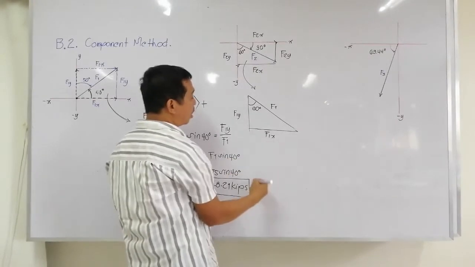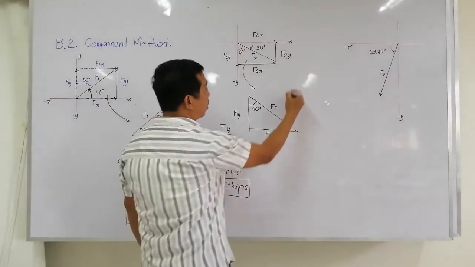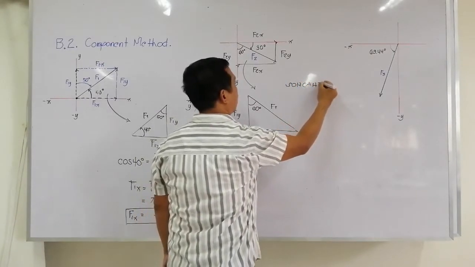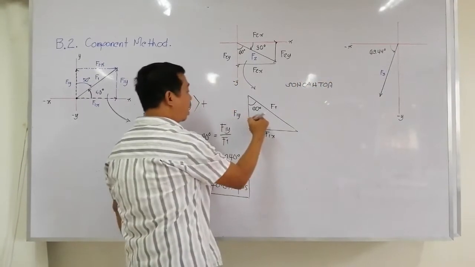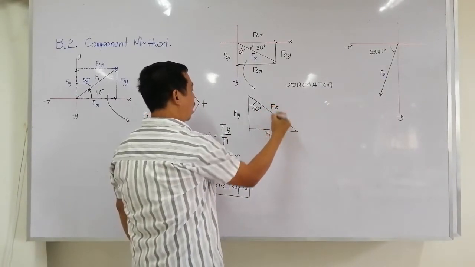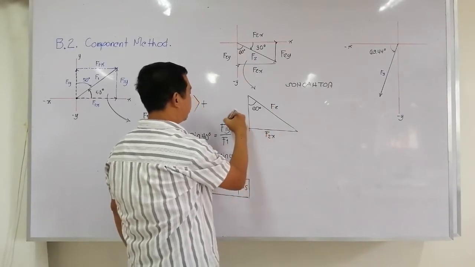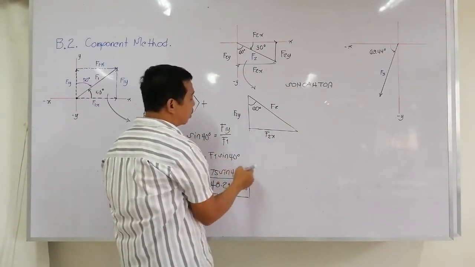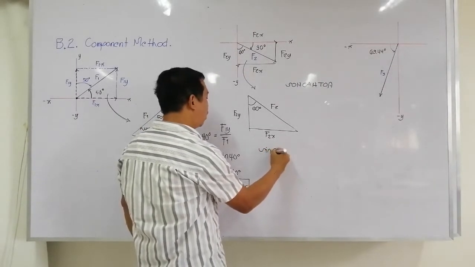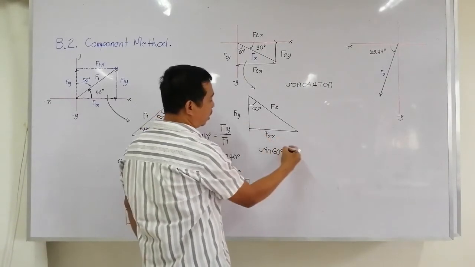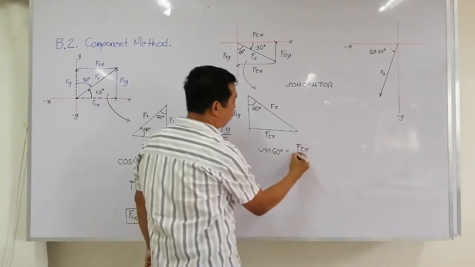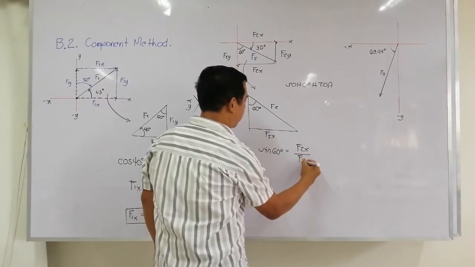So, kung gagamitin mo yung 60, following SOHCAHTOA, you would have f1x, or rather f2x. You would have an f2x as sine y. Sine of 60 degrees is opposite f2x over hypotenuse f sub 2.